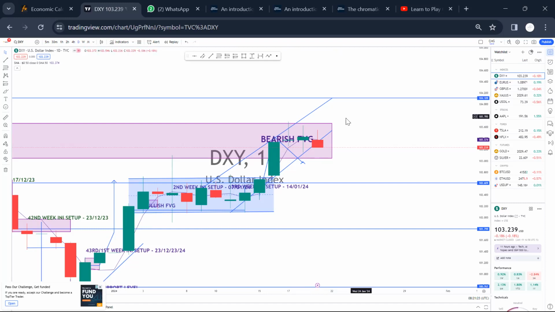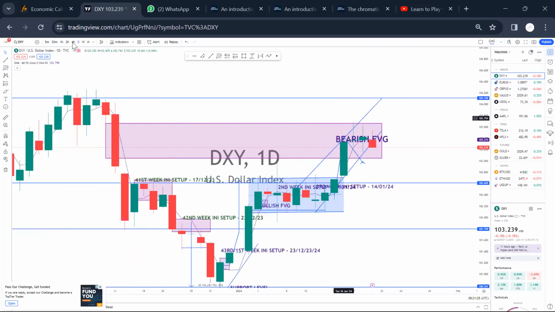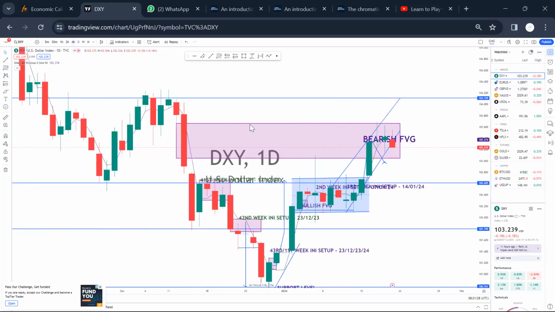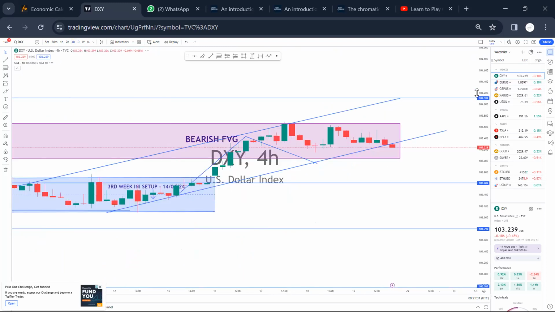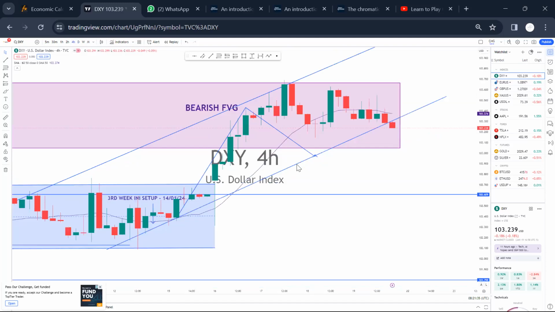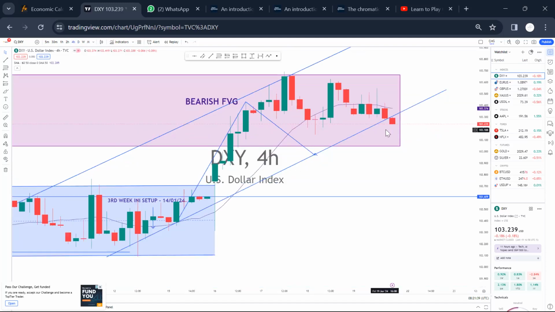Now, let's move to the 4 hour time frame and see what is happening. In the 4 hour time frame too, we are still in that channel, but the channel has just been broken, right? It has also broken below this support level, and at the same time, the price is below this 50 EMA.